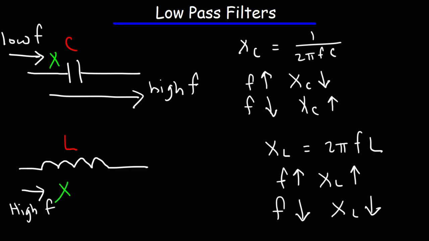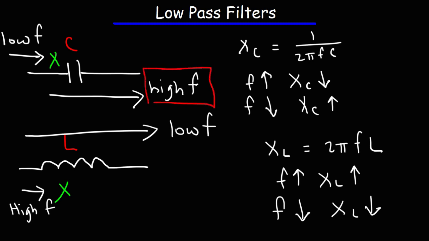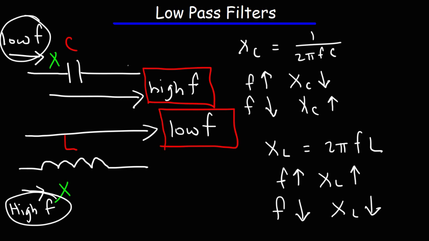It impedes them. High-frequency signals can still pass through, but they're greatly impeded. Now, the inductive reactance is low when the frequency is low, which means that the inductor allows low-frequency signals to pass through relatively unimpeded. So keep this in mind. High-frequency signals can pass through capacitors. Low-frequency signals can easily pass through an inductor. A capacitor blocks low-frequency signals, and an inductor blocks high-frequency signals.